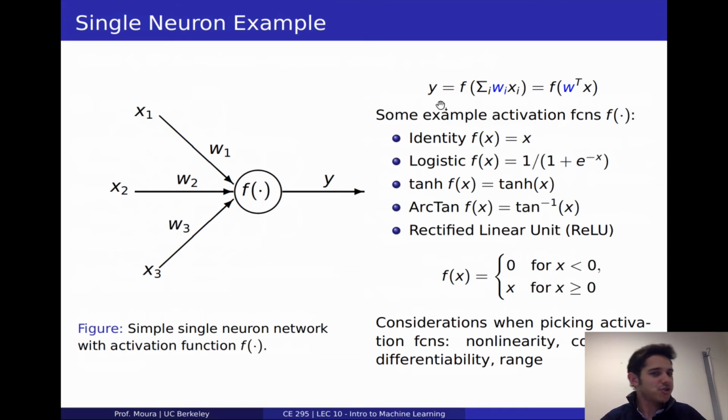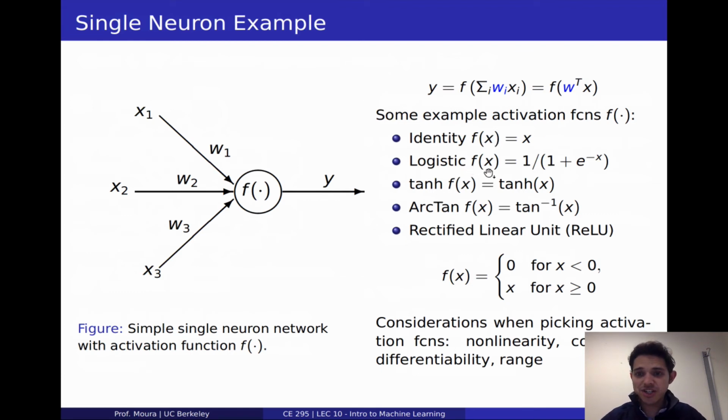In the parlance or jargon of neural networks, this is called an activation function. And there's a variety of activation functions that people use and find useful in different applications. Some are better than others in certain situations. Just to give you an idea, I'm listing some of them. You could have the identity function, which just spits back its input.